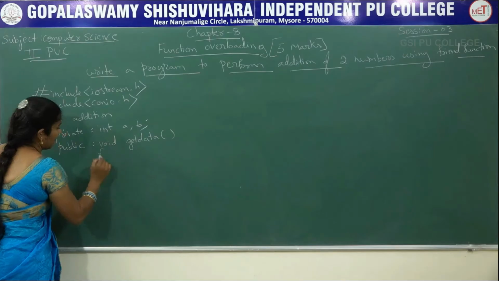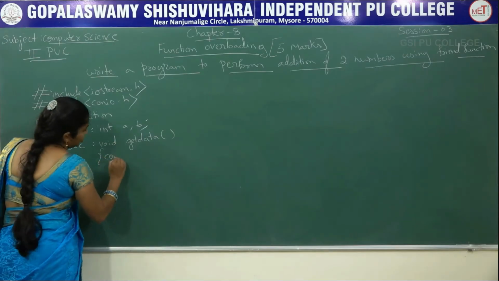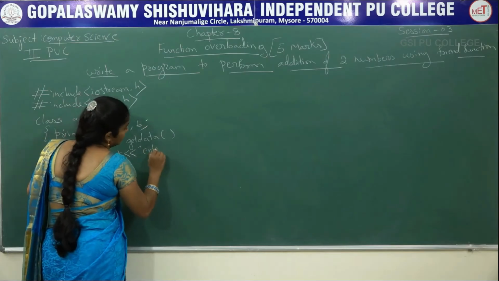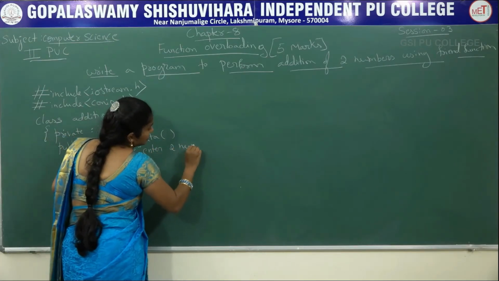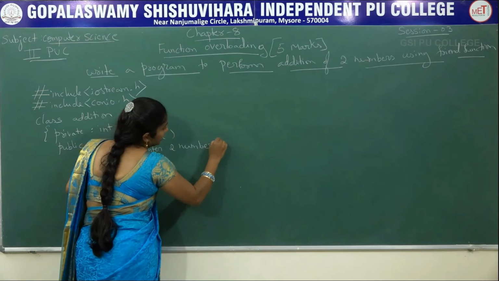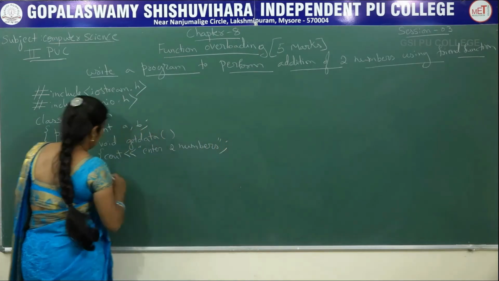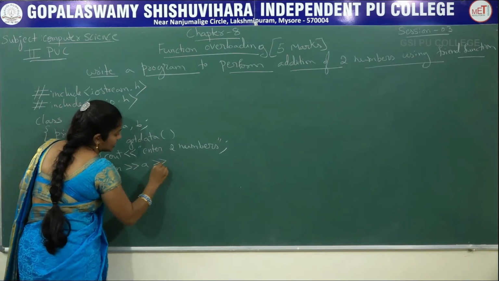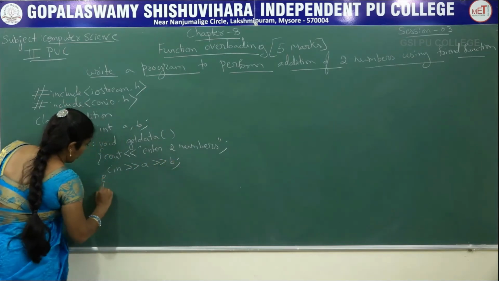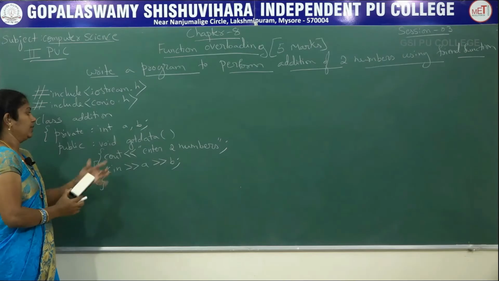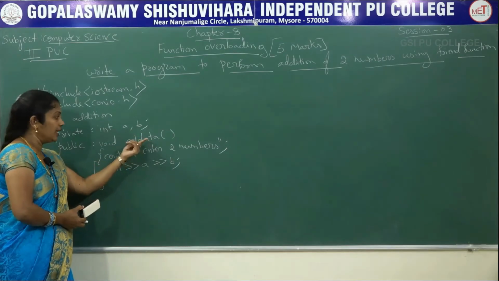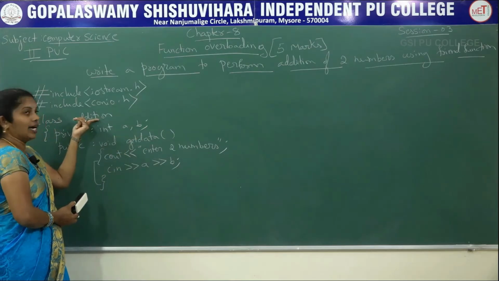Then write down cout insertion operator, enter two numbers. Then cin extraction operator a, extraction operator b. Two values we are inputting here. This is the getdata function. It's a member function. This function belongs to the addition class.